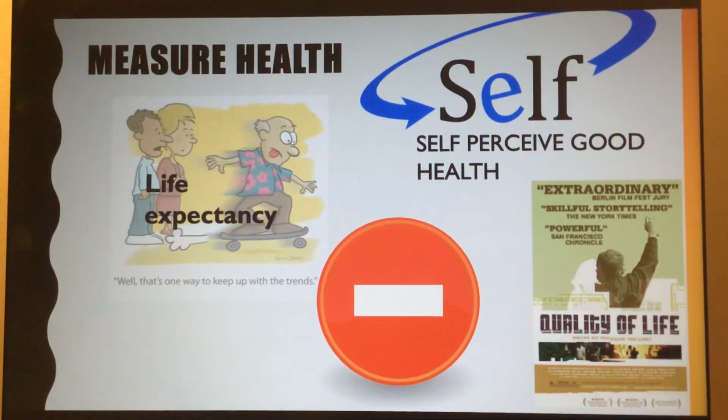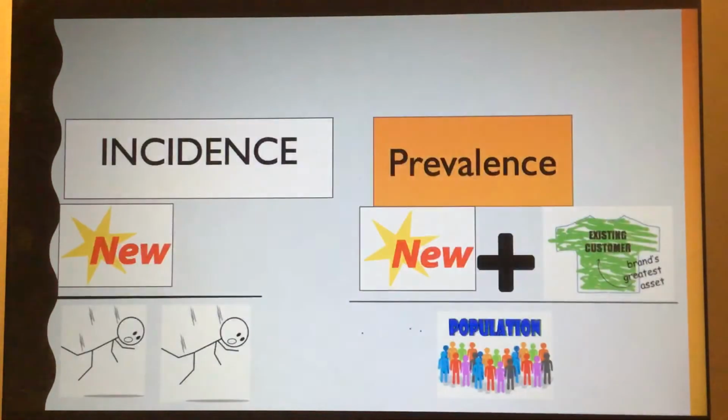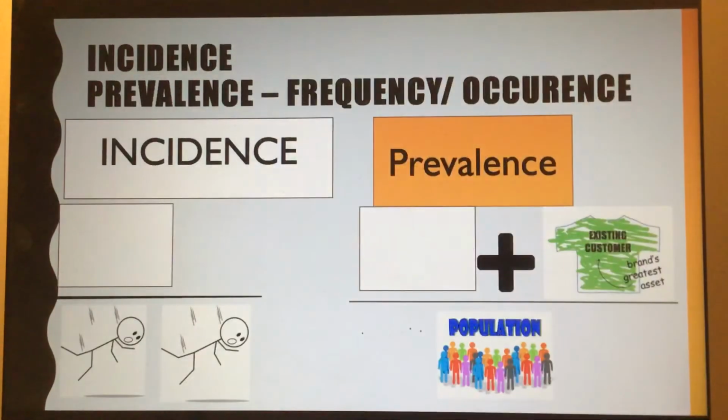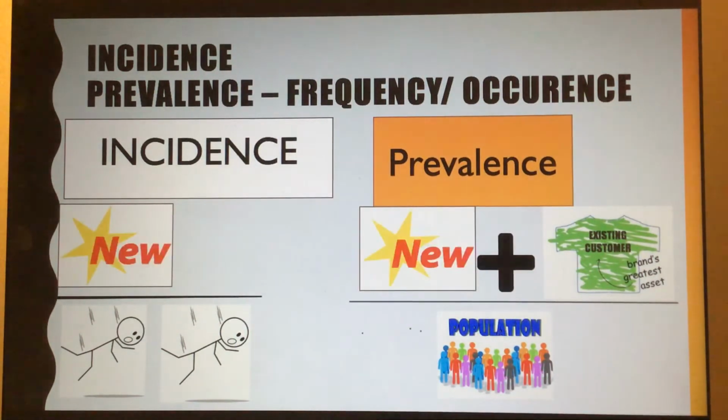The last bit is we are looking into the disease occurrence or disease frequency and how we measure it using statistics. First, I just want to differentiate between incidence and prevalence. Both methods are used to measure the frequency or occurrence of a disease. So what is the difference?